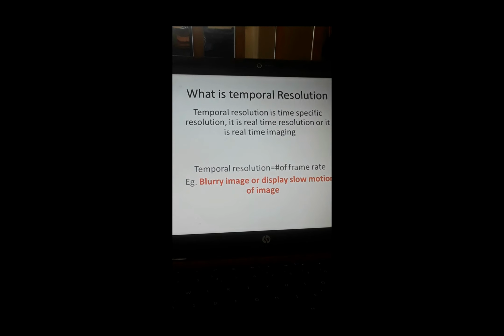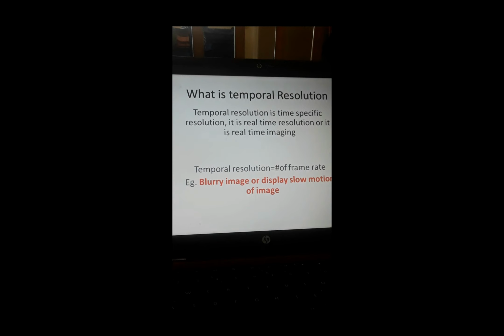What is temporal resolution? Temporal resolution is time-specific resolution. It is the real-time resolution, or real-time imaging. Temporal resolution is calculated on the basis of the number of frames per second.